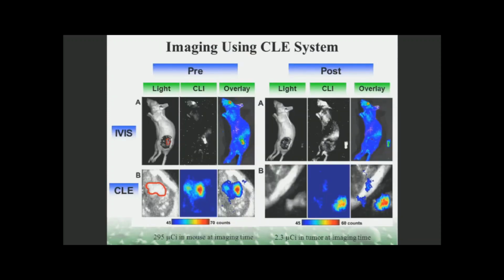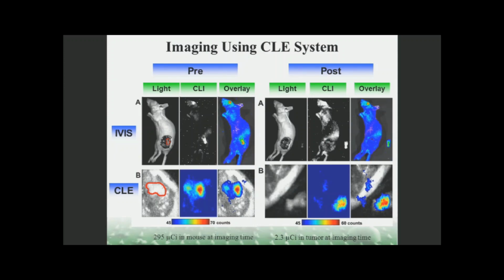And then we further demonstrated the use of this CLE system for image-guided surgery. Basically we use tumor mice, and we remove a large portion of the tumor, and then we intentionally keep a small tumor residue, as shown here. And then we inject F18 FDG, right?